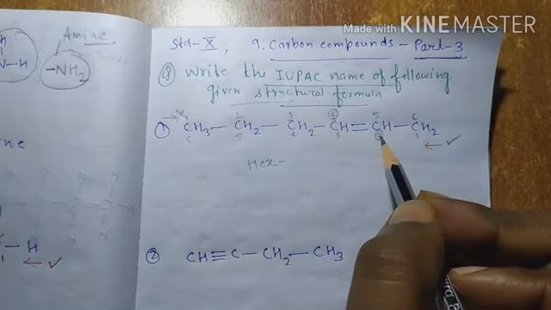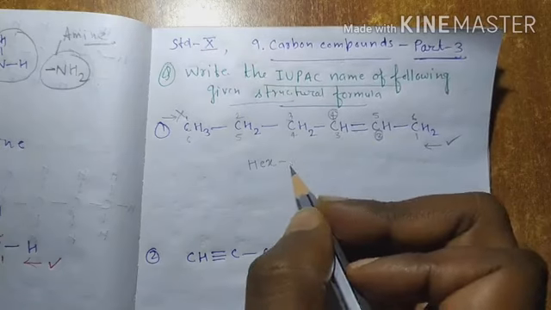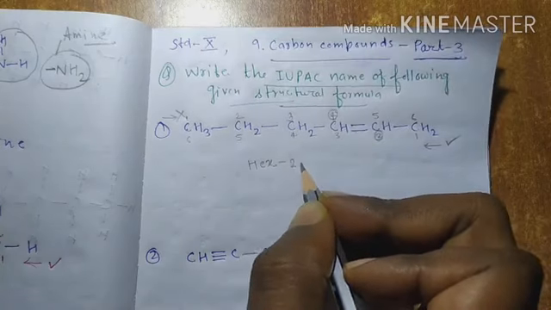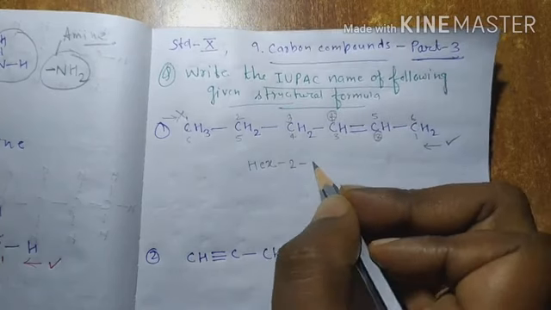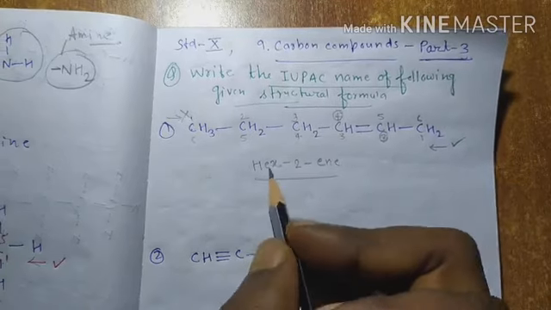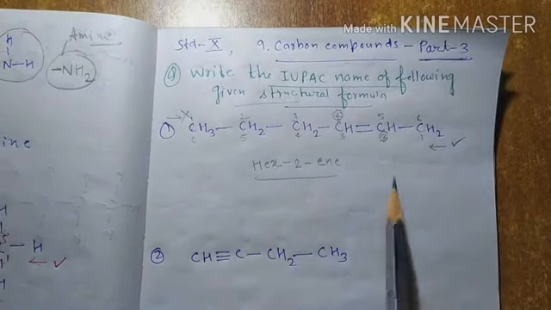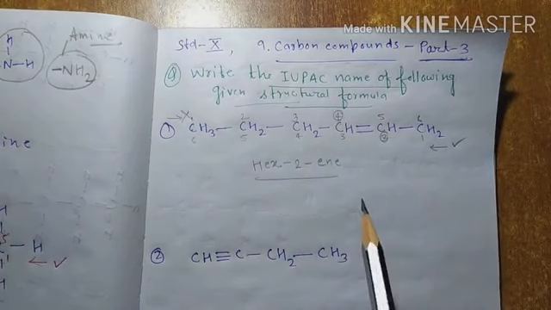This double bond is coming after the 2nd carbon atom, so hex-2, again a dash, and the suffix we will use is ene, so hex-2-ene. This is the correct IUPAC name of this structural formula.